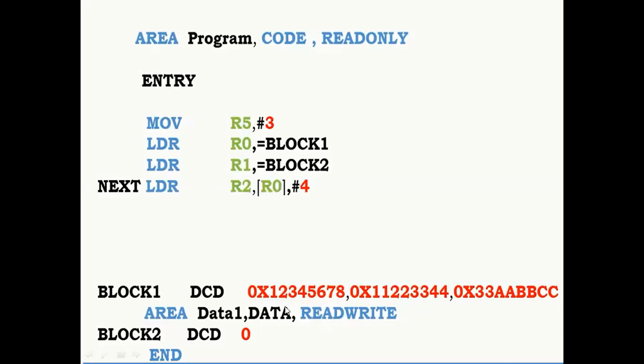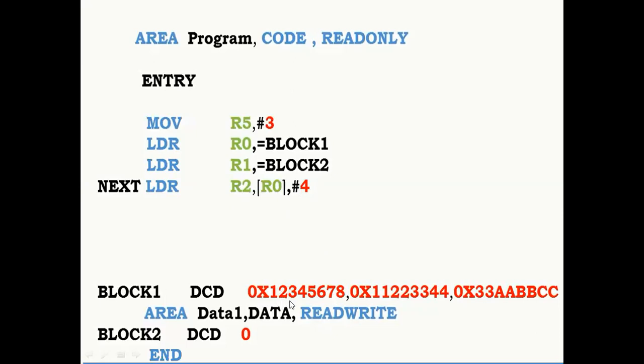There are 32-bit values, so you are moving 4 bytes of values. The 32-bit value present at the address in R0 is moved into R2. After moving the value into R2, you have to increment the memory location by 4.